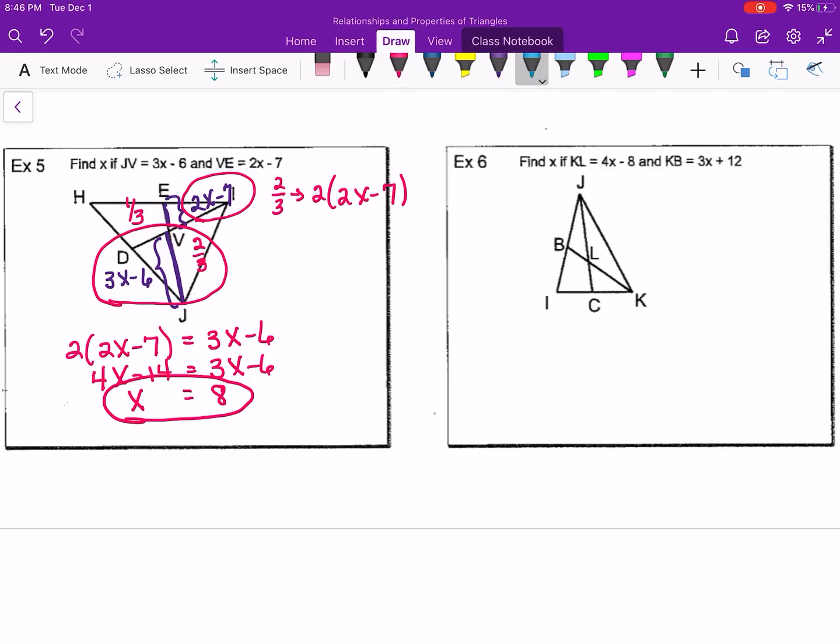If we put the 8 into 2x minus 7, 2x, that would be 2 times 8, that's 16, and 16 minus 7 is 9. And 3x minus 6. 3 times 8 is 24. 24 minus 6 is 18.